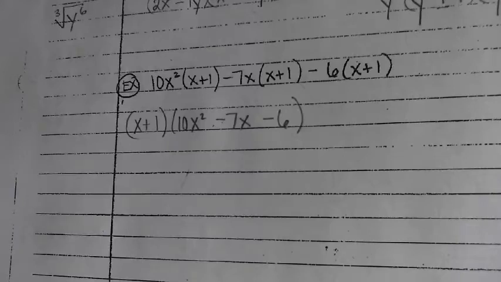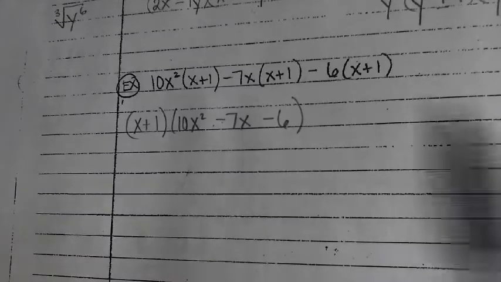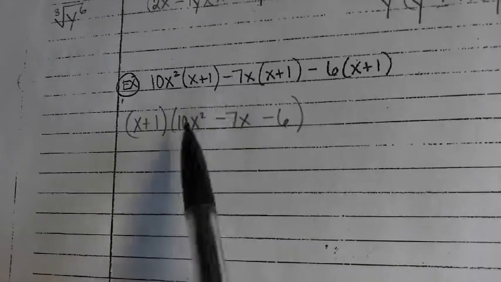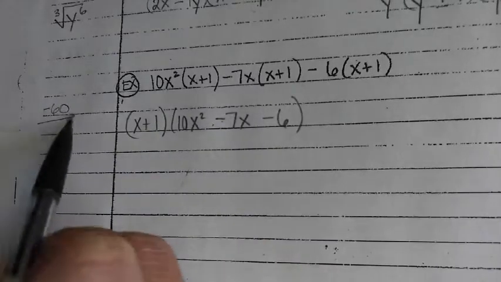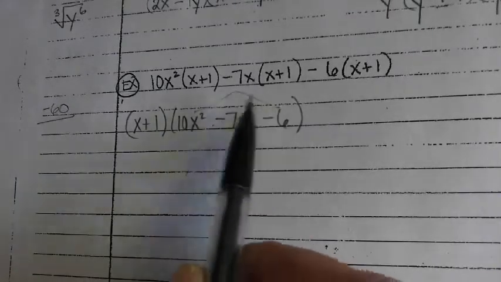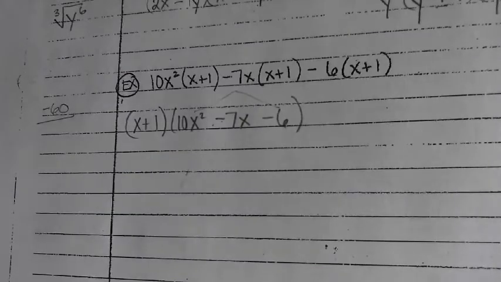The quick test, rather than just starting to guess and check because you're not sure if there's even an option, would be to do that same process. Can we find two numbers that multiply to get negative 60? That's your A times C. That combine to get negative 7?